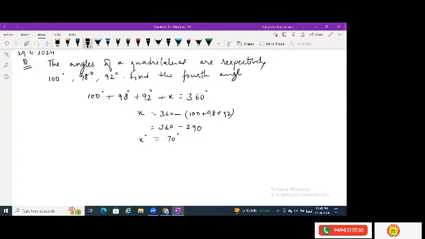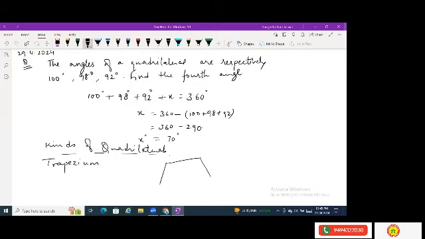Now coming to the kinds of quadrilaterals. Could you once again explain this question, ma'am?